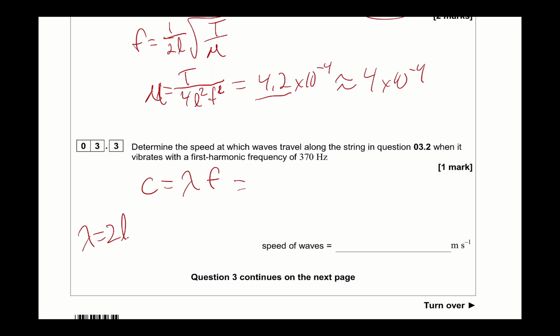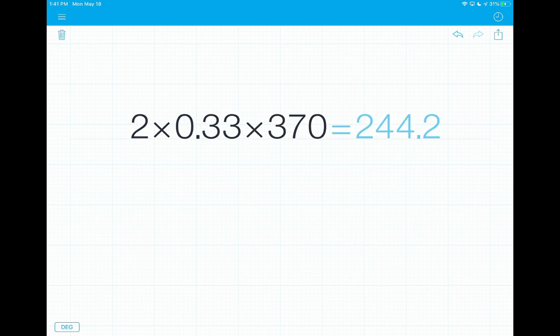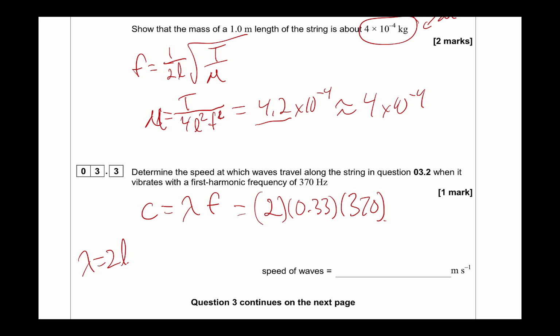So c is equal to 2 times 0.33 times 370, which is 244, which is 240 meters per second. 2 sig figs everywhere.